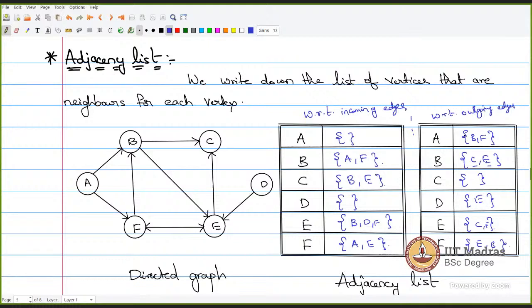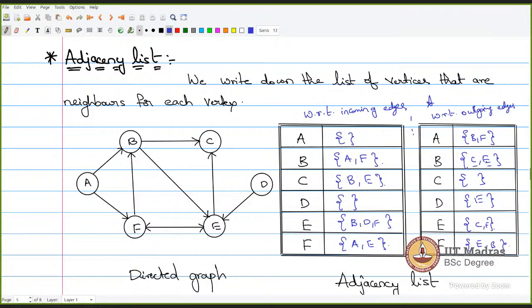Anyway, so this is adjacency list. So adjacency list for a directed graph is written in two different ways: one with respect to incoming edges and another with respect to outgoing edges. Usually we will represent with outgoing edges. So this is the usual list denotation.